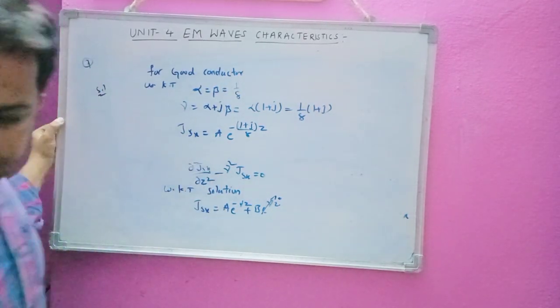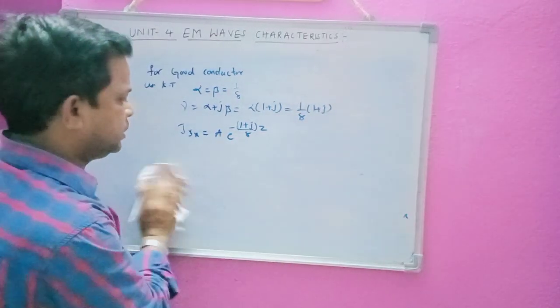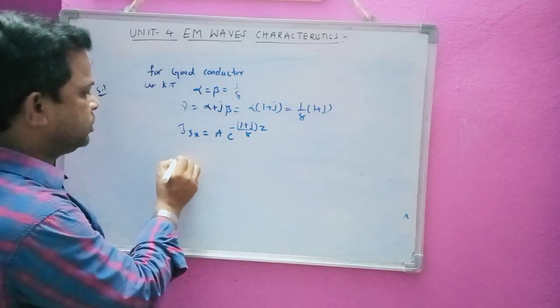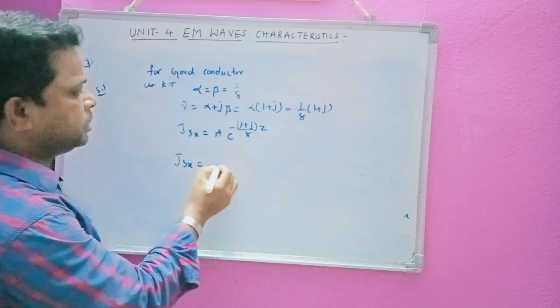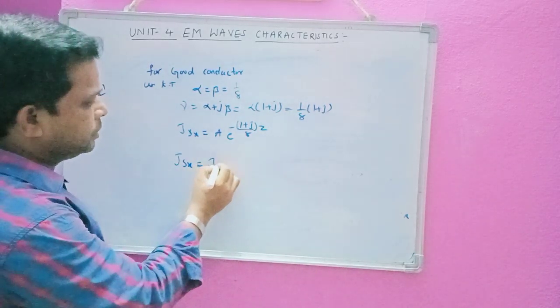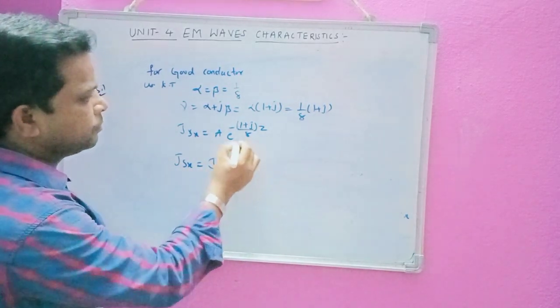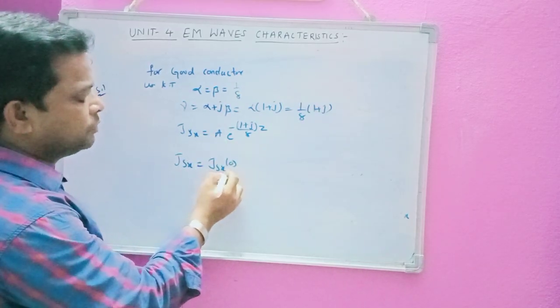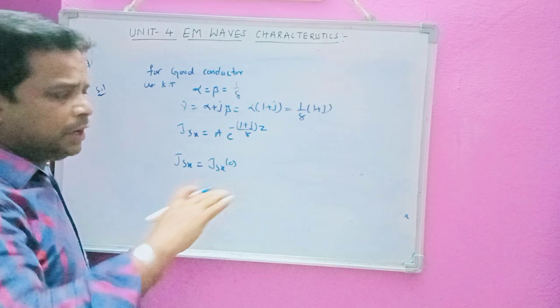Now if I take z greater than 0, I can write the solution as Jsx of 0 into e power minus (1 plus j) z by delta, removing this constant. Why? Because this constant is replaced by Jsx of 0 at the surface, the z plane.